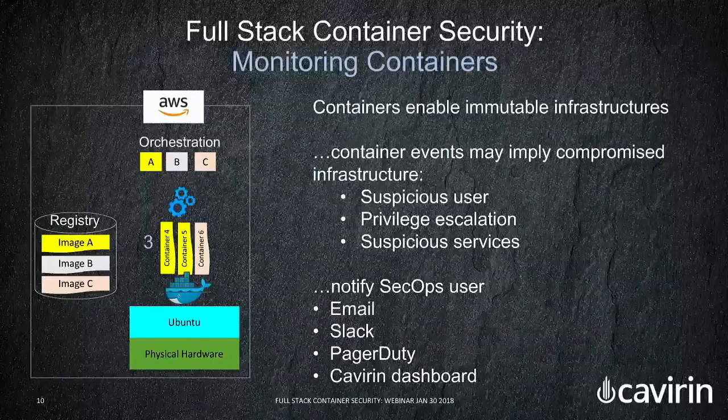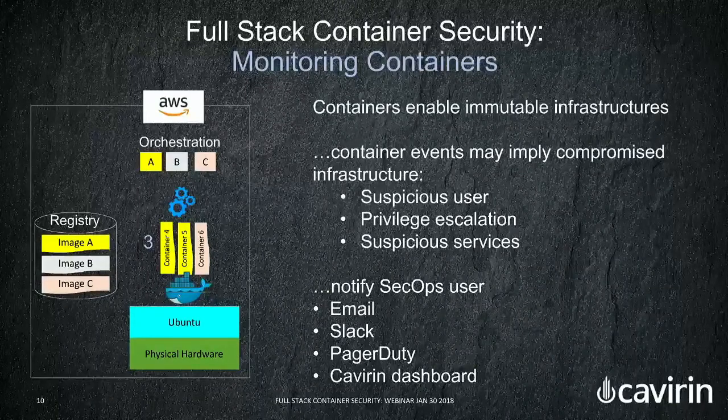So the point is, container events essentially are a way, so think of them as a safety valve, if you will, where if you do make a mistake during configuration, you can potentially catch it by monitoring what's going on inside the container. A few quick examples of the kinds of things that we will be demonstrating. So for example, if there are suspicious users that are somehow instantiating containers, you want to track that.